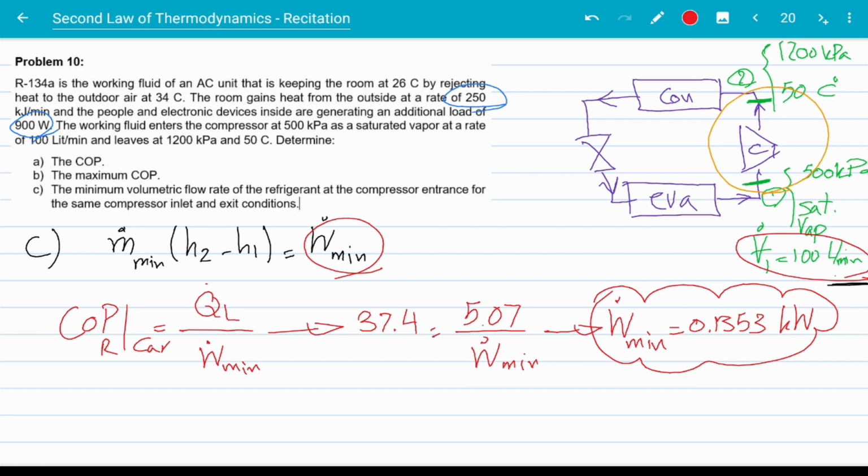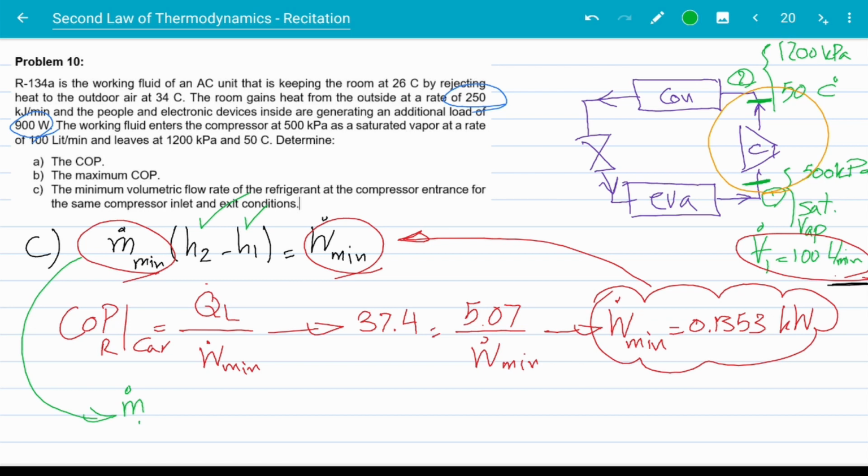Now I'm going to plug this number here and find M dot minimum. Keep in mind that because the inlet and exit conditions of the compressor is not changing, H1 and H2 is not changing. We already know them. So we can just plug them from previous pages and find our minimum mass flow rate. So let's do it.